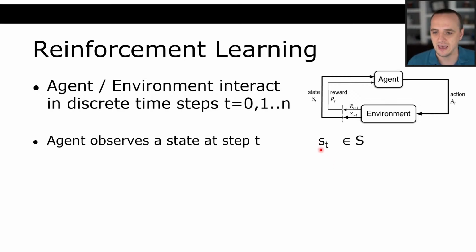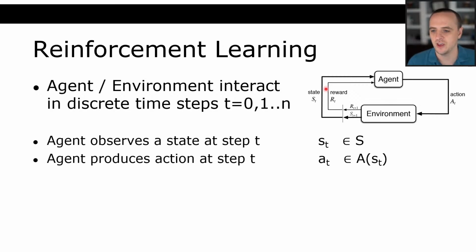So that is S sub t, which is a state at time t, which exists in the set of all possible states of our environment. Then the agent produces an action at step t. That is little a sub t, and that exists in the set of all possible actions at a given state, because there are actions that are possible from some states that are not possible from other states.